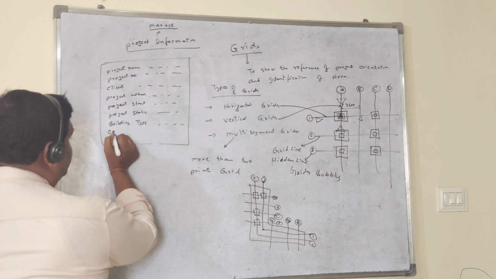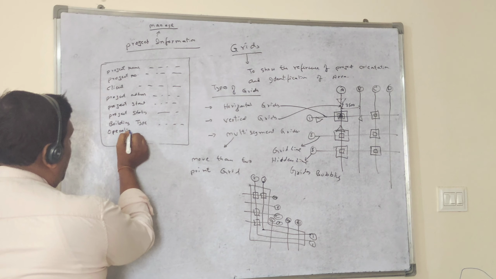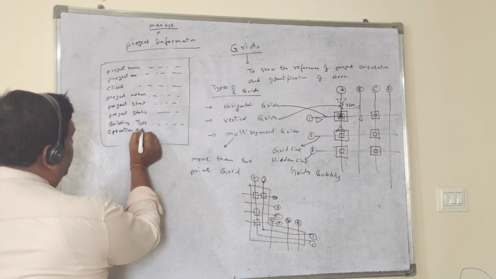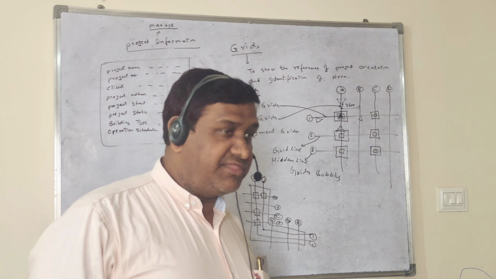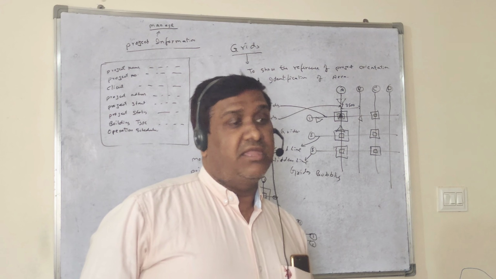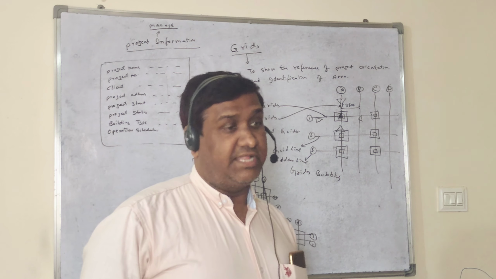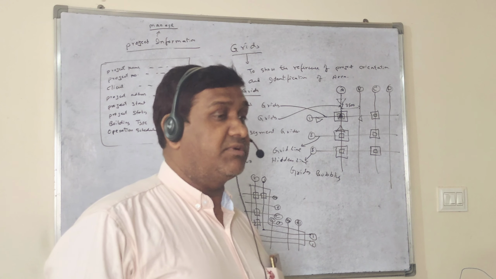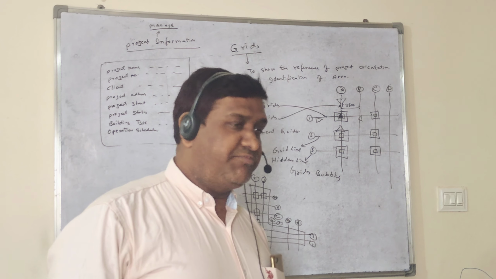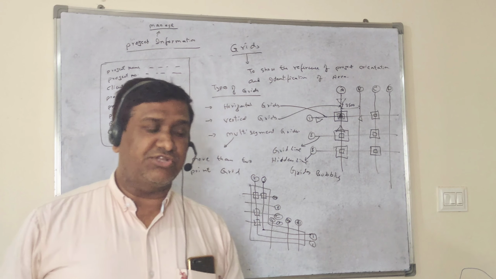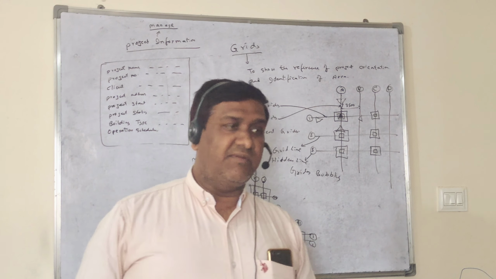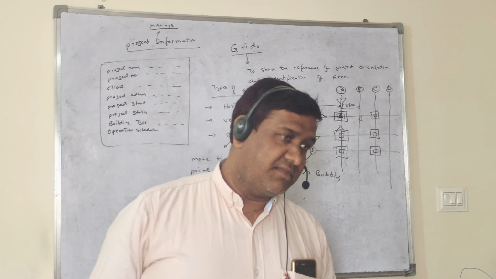And operation schedule. Operation schedule means how this building will operate after completion of your project, how the building will be run. It's 24/7, or 24/6, or 24/5. That operation schedule also you have to give. For example, if you are working on a multi-specialist hospital, how will it work? 24/7.